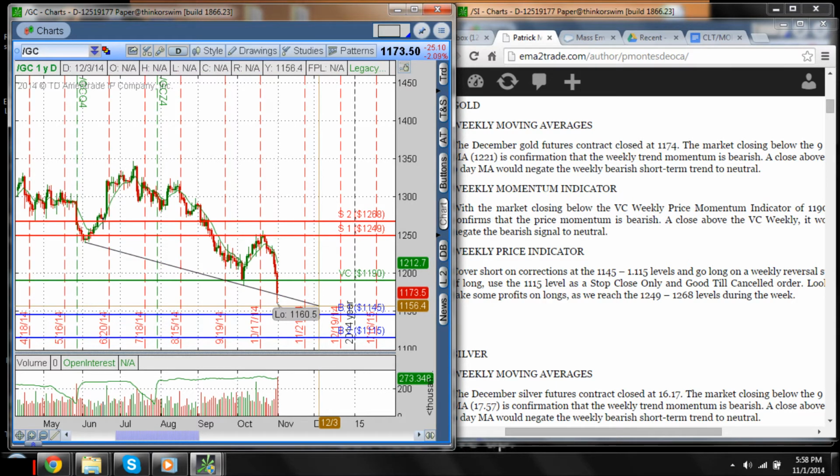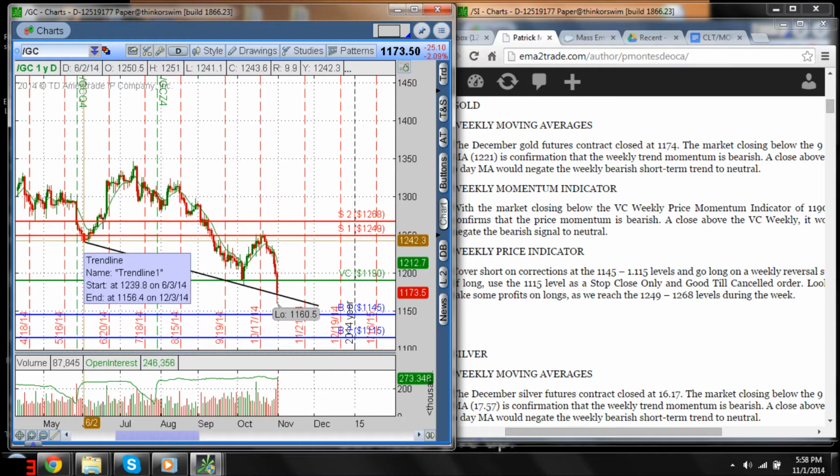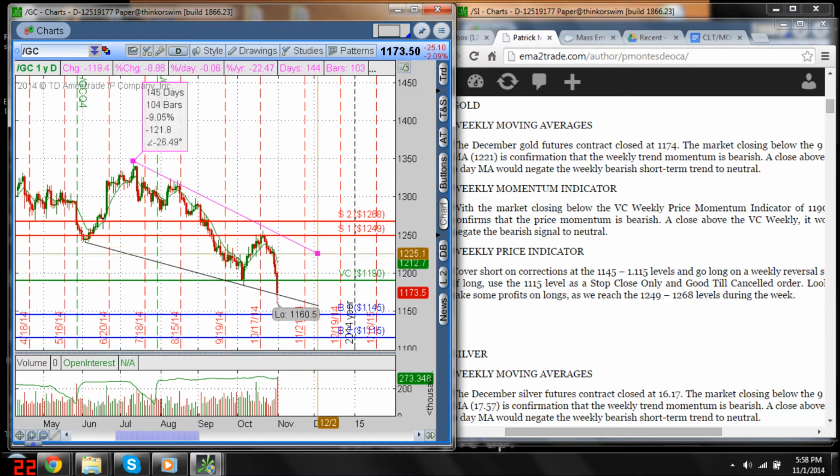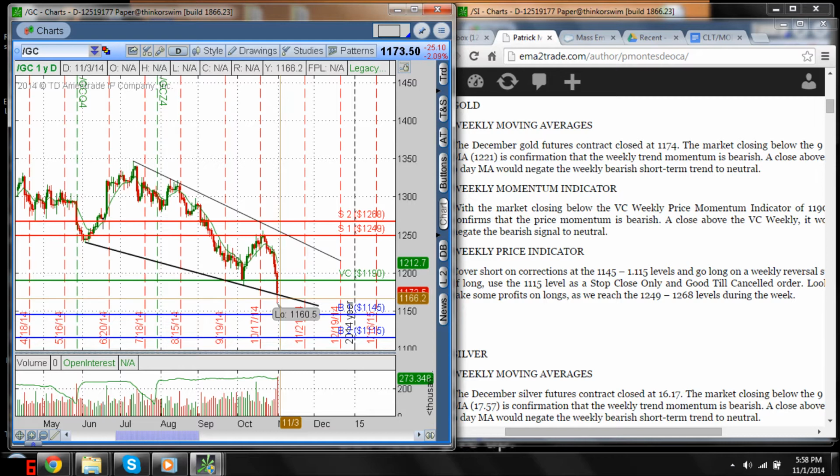These trend lines go back to June on the bottom side. You can see the downtrend channel has been established, and we touched on Friday the lower end of the support of this downtrend channel and closed above it, which is the first indication that we found some major support at the lows of this week.